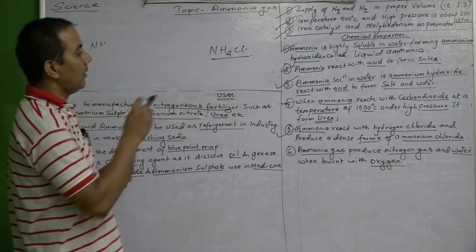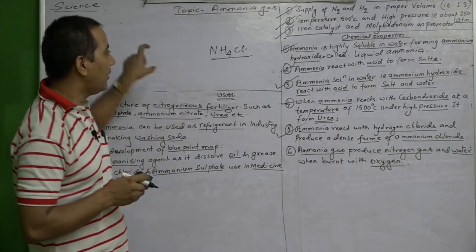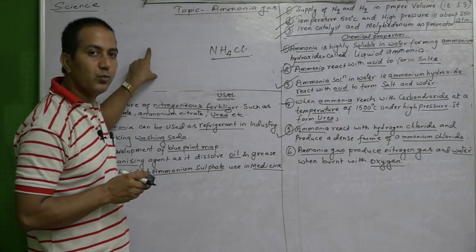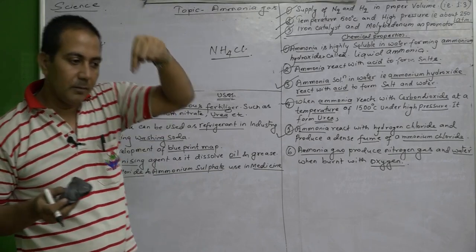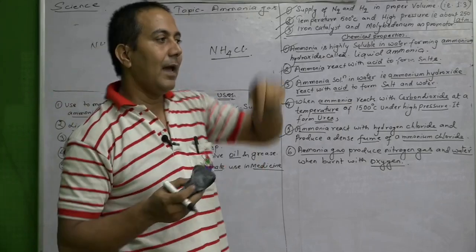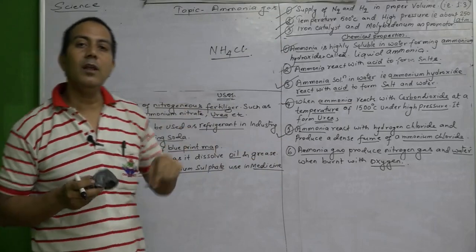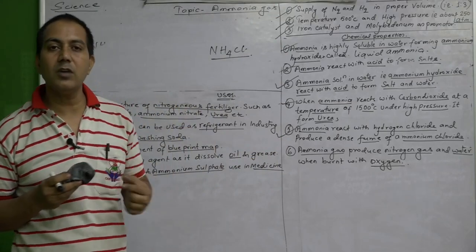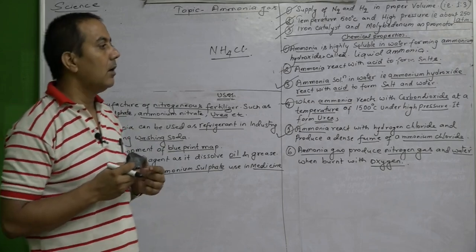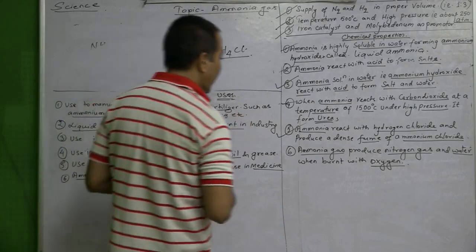We have studied already that when a glass rod dipped in HCl is brought near the gas jar of ammonia, it will produce a white fume because of the formation of ammonium chloride.